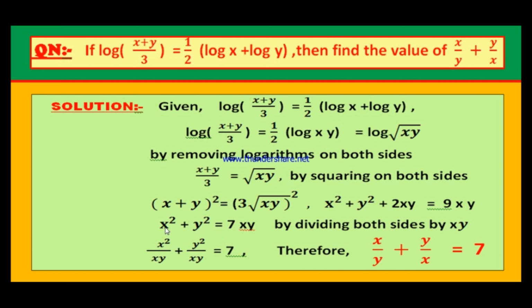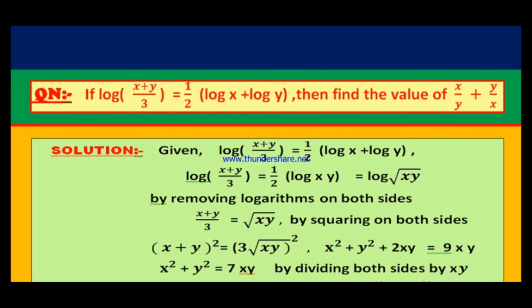That is x square by xy plus y square by xy is equal to 7xy by xy. Now x square by xy is x by y, plus y square by xy is y by x, equal to 7xy by xy, which cancels and we get 7. Therefore, x by y plus y by x is equal to 7.